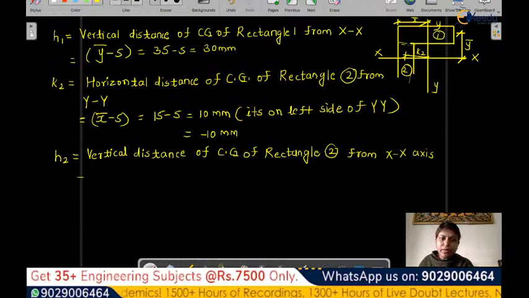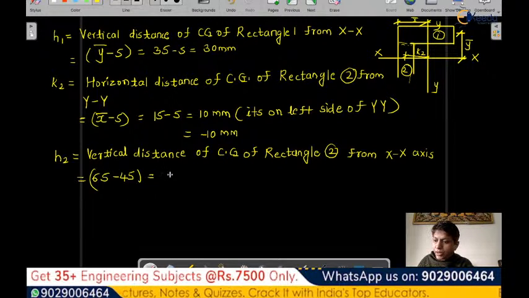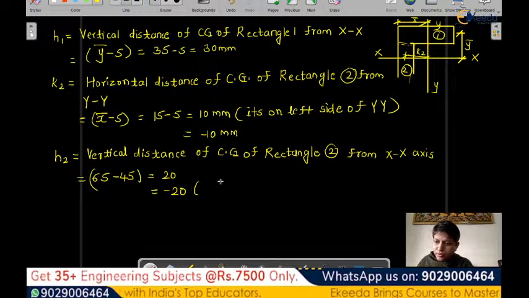This will be 65, because the distance below is 65. So 65 minus 45. Why is it 45? Because the total member length is 90. So the answer will be 20, and it will be minus 20 as it is negative, towards the downward side below the x axis. That's why.